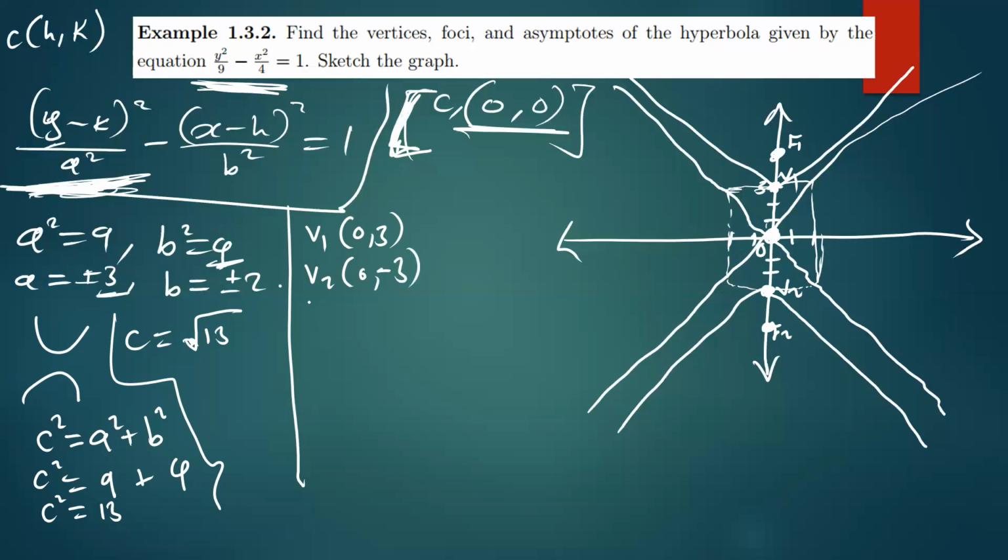F1 is 0, and the distance from the center to F1 is equal to C, so this will be 0, root 13. Then F2 is going to be 0, negative root 13.